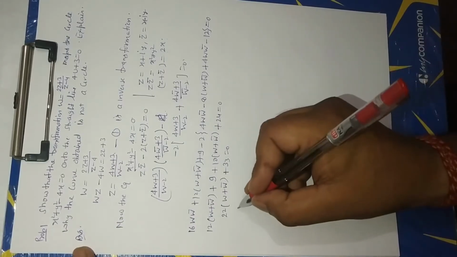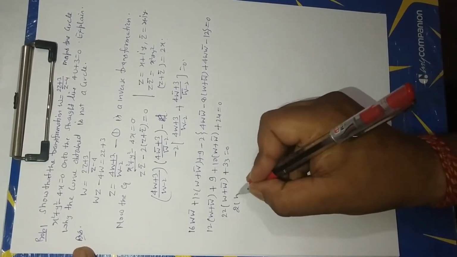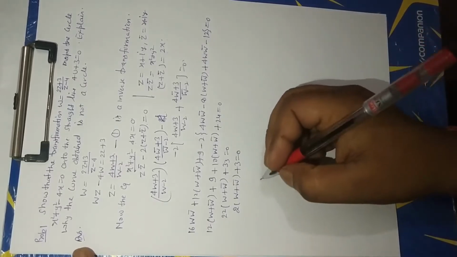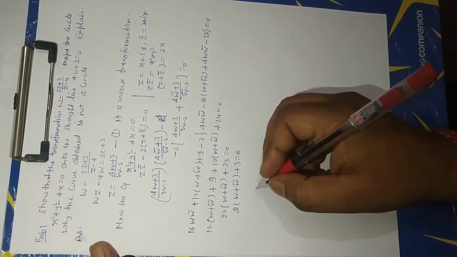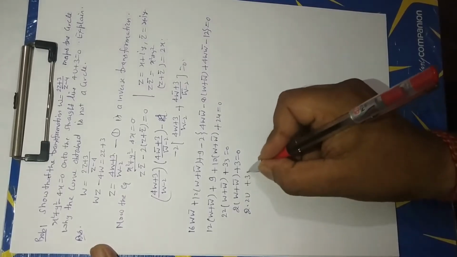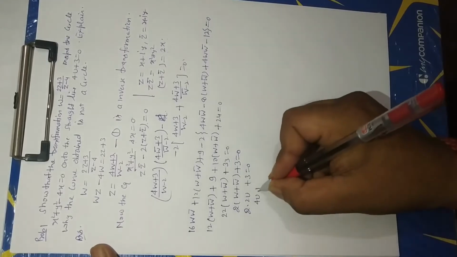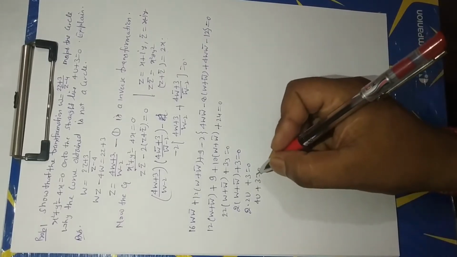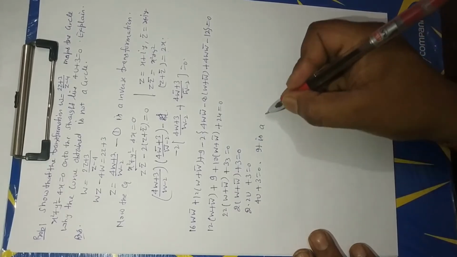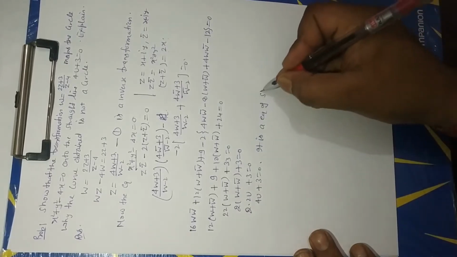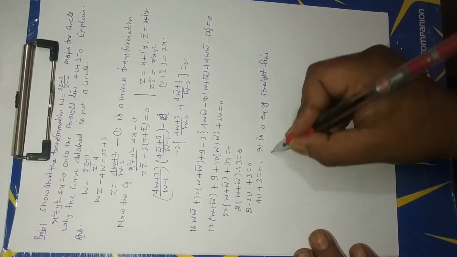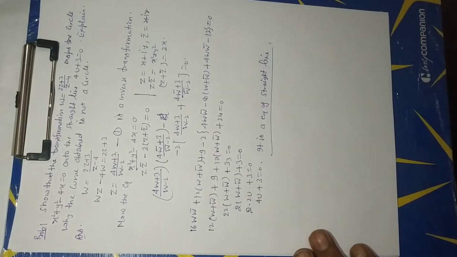Now 11 is common, then we get 2 w plus w bar plus 3 is equal to 0. Now putting the value of w plus w bar as 2u, we get 4u plus 3, this is equal to 0. It is the equation of a straight line. It is not a circle in the w plane.